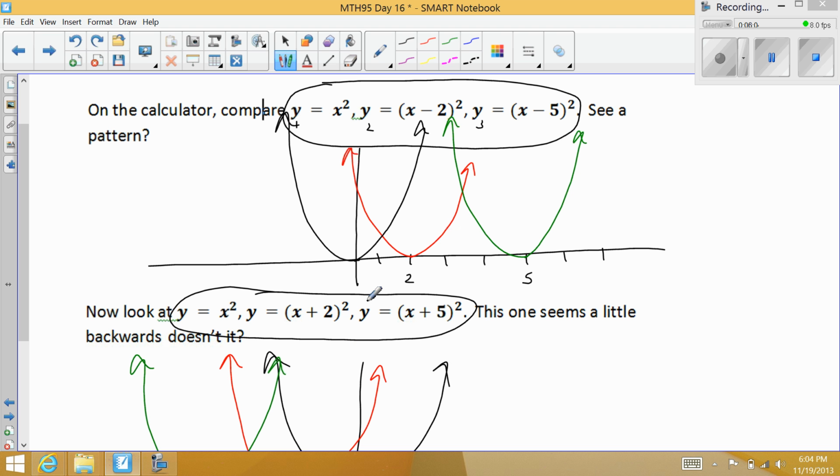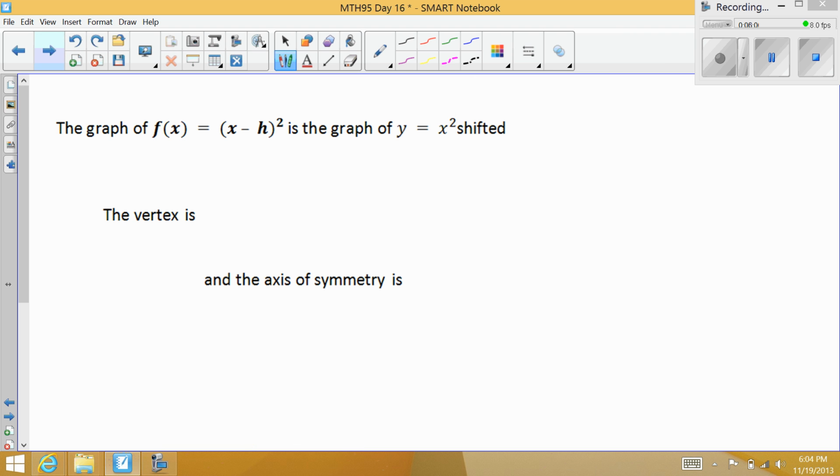So the way we make this make sense is we work with x subtract h squared. And that way, if we have x subtract 2, the graph will be shifted 2 to the right, and x subtract negative 2 is x plus 2, and that's how we get our shift to the left.